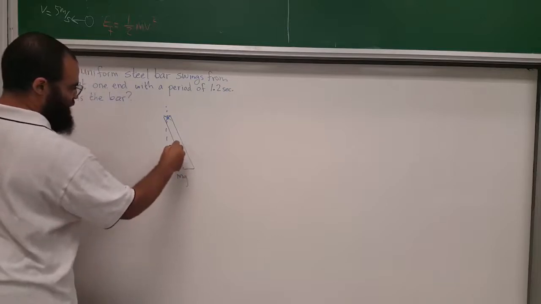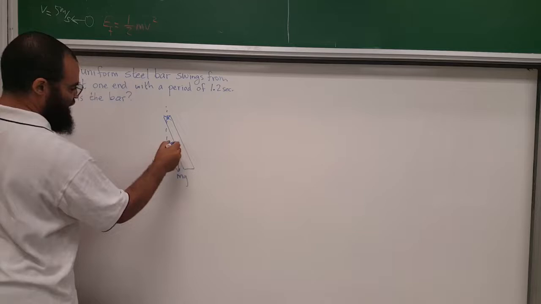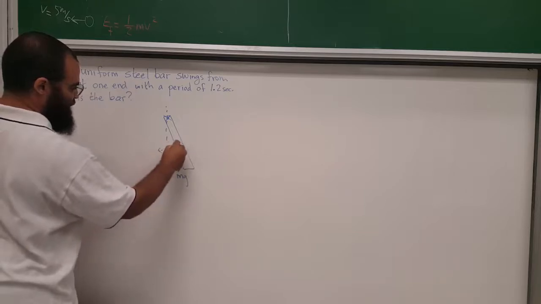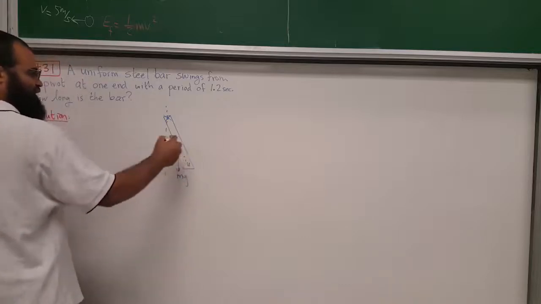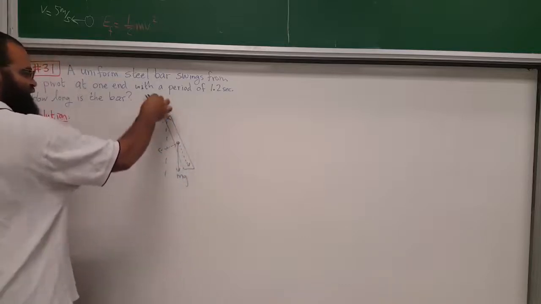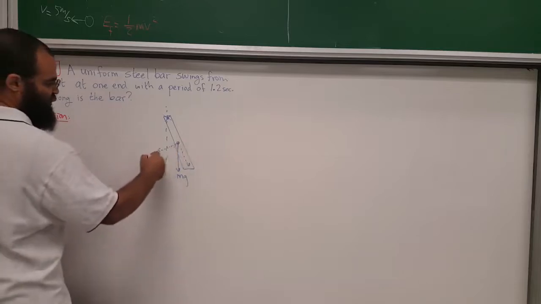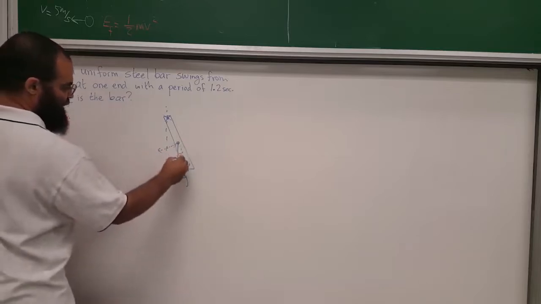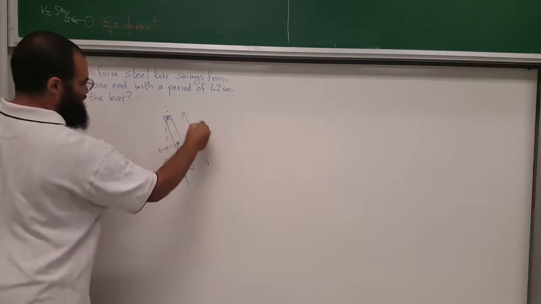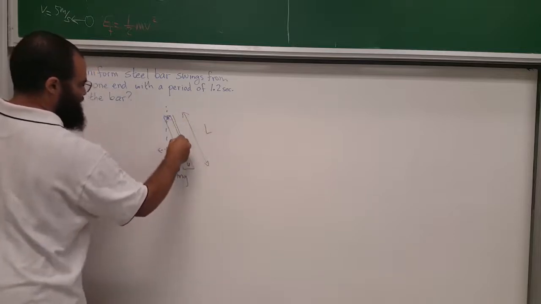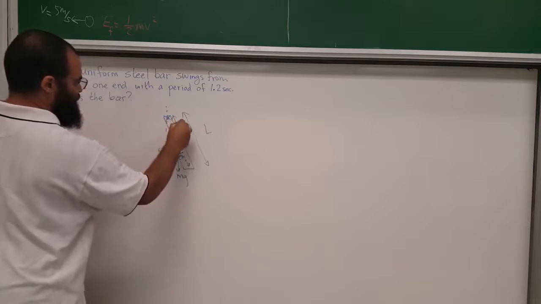So gravity would have a component in this direction and a component in this direction. The component in this direction cancels the component from the pivot point that's this way, but this is the component that causes the torque, and if this whole length here is L, this is L over 2.